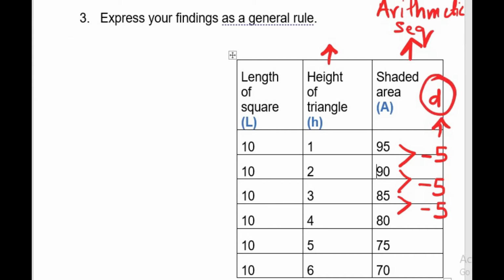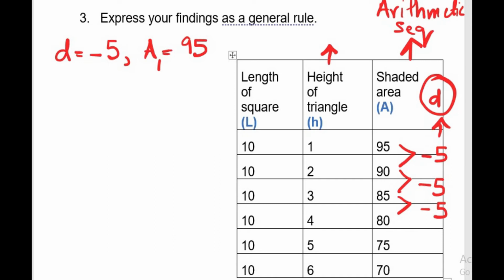Right, so the essentials we need to find the formula are the common difference, which is -5, and the first term of this shaded area, we'll call it A1, that is 95.